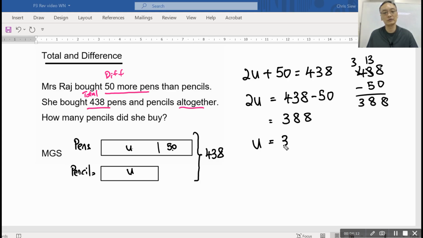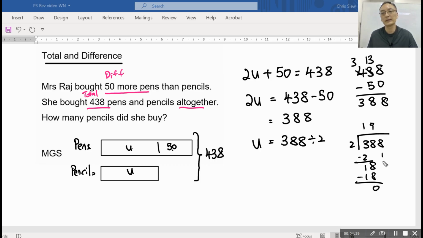Now we're ready to find the value of 1 unit. So we'll take 388 and divide it by 2. So we do our division at the side. 9 times 2 is 18.